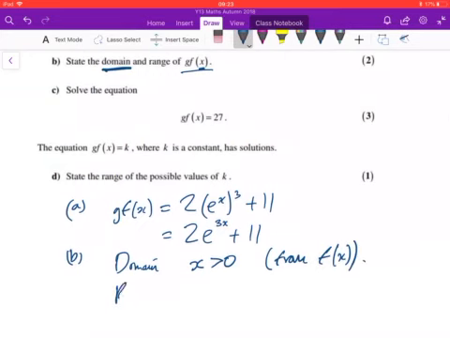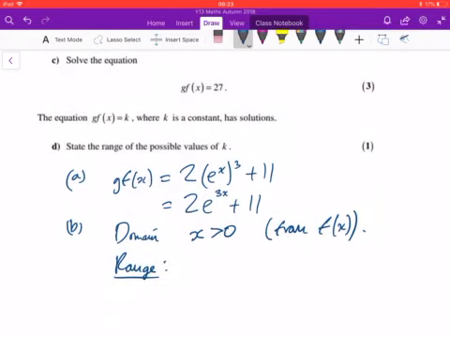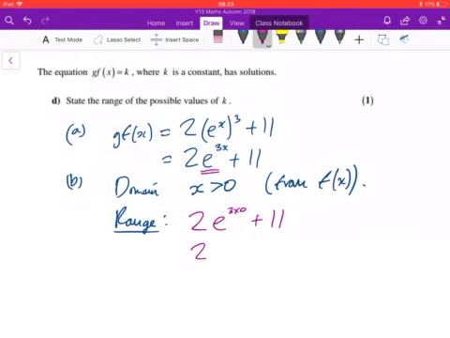And for the range, we need to look at what possible values e to the 3x can be. Well, if x has to be bigger than 0, then it obviously can't be negative. So this is 2 times 1 plus 11, which is equal to 13.